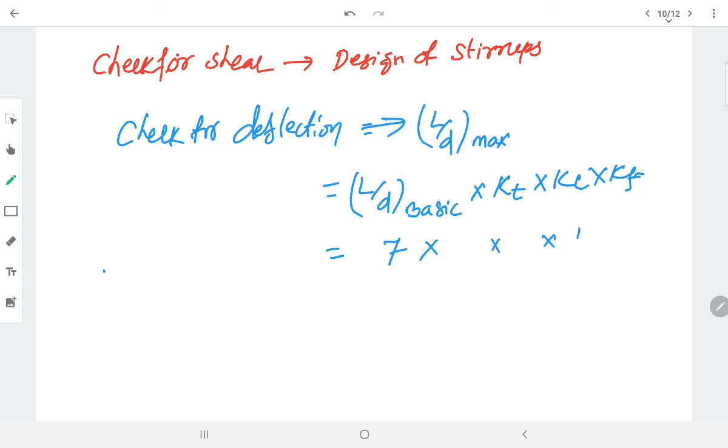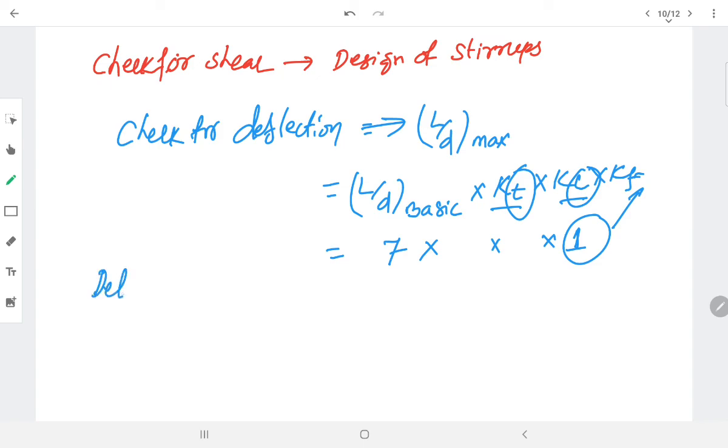KT and KC need to be calculated, as tension reinforcement as well as compression reinforcement are provided. KF will be 1 because we don't have any flange section in this beam, so there is no modification in the flange parameters. A multiplication factor of 1 means we will get the same value.